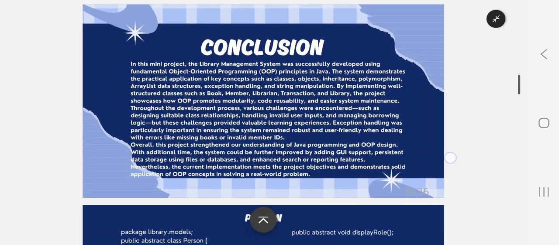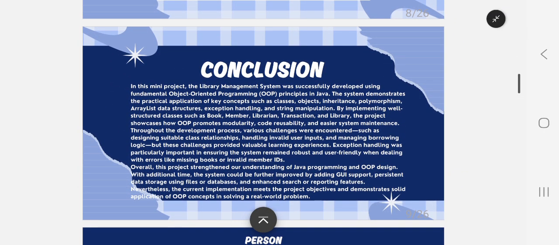In conclusion, in this mini project, the library management system was successfully developed using fundamental object-oriented programming (OOP) principles in Java. The system demonstrates the practical application of key concepts such as classes, objects, inheritance, polymorphism, ArrayList data structures, exception handling, and string manipulation.